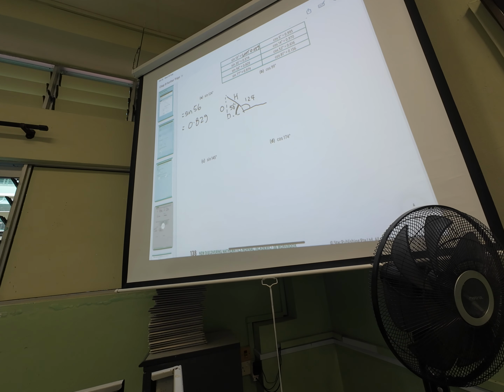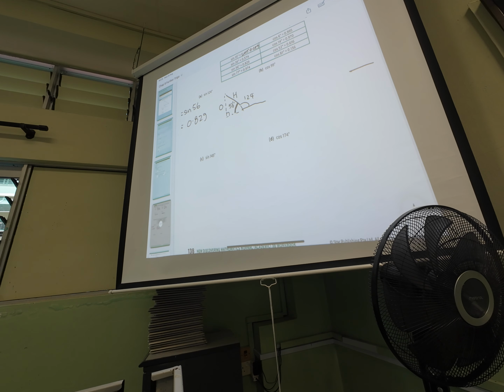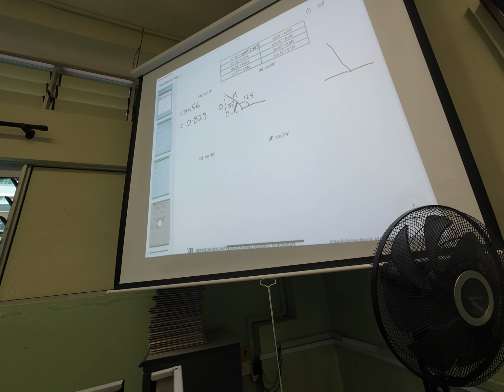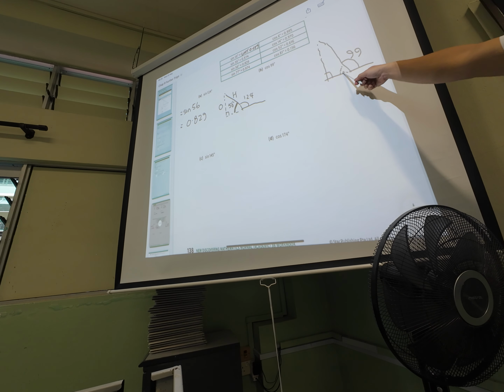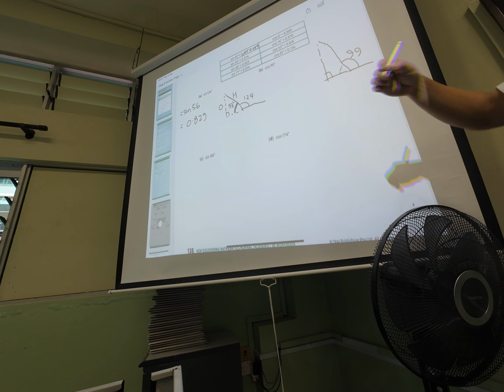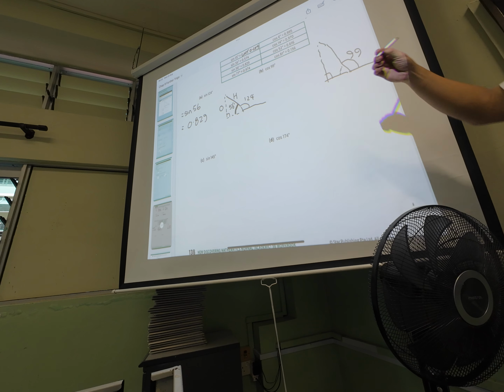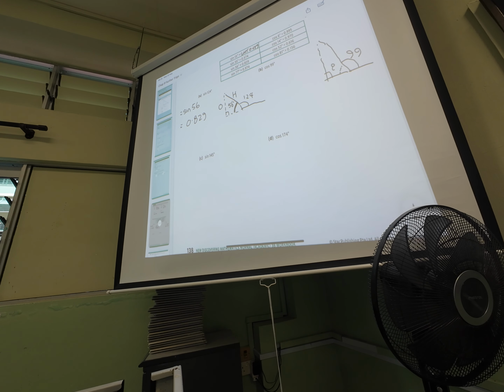Okay, as for part B, cosine 99. There is also a supplementary angle here, and this supplementary angle is 180 minus 99, so it is 81.